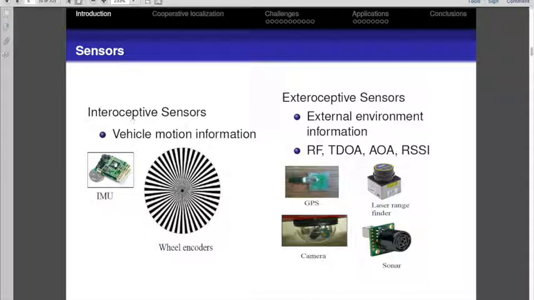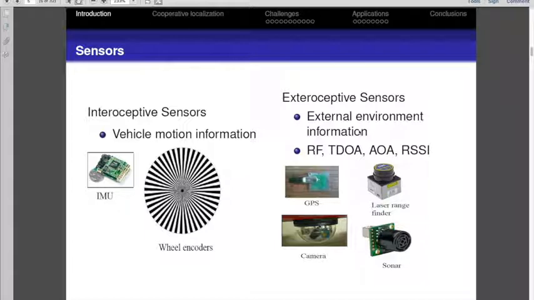Okay. So something like an IMU, which has 3-axis gyros and 3-axis accelerometers, which basically provides you the vehicle's motion information like acceleration and angular velocities. You can have wheel encoders on ground robots that can tell you, again, the same thing, linear and angular velocities. Okay. On the other hand, we have exteroceptive sensors, basically to sense the external environment.